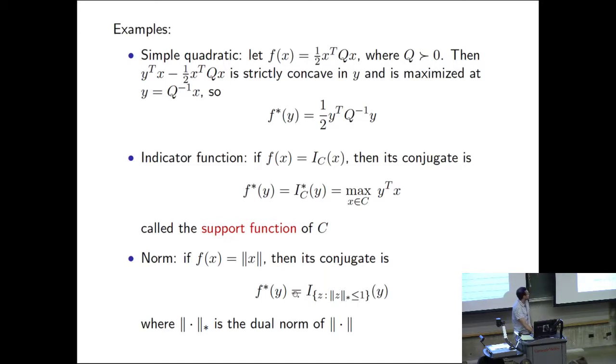So if I take the set of all z such that the dual norm of z is less than or equal to 1, and define the indicator function around that, that is the conjugate of my original function, the norm. So how do you see this? I claim that's nothing more than an implication of this rule.